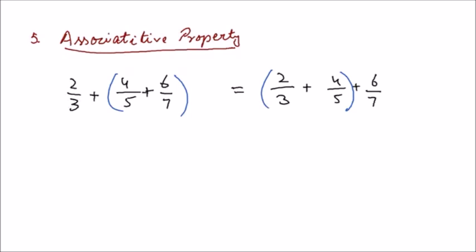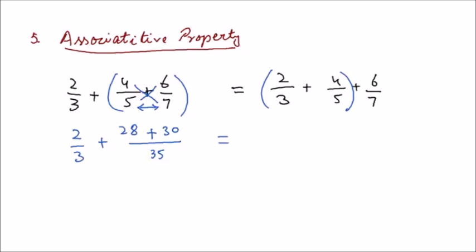Now let us solve. First of all, again you see that both these denominators are different, so use the same method, cross multiply, and for LCM multiply 5 with 7. We will put the plus sign, and then 7 4s are 28, 5 6s are 30, here 2 by 3.